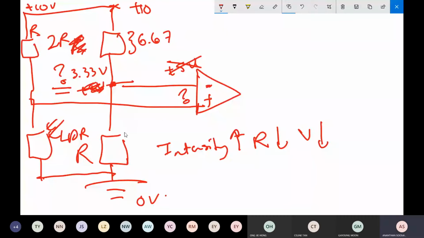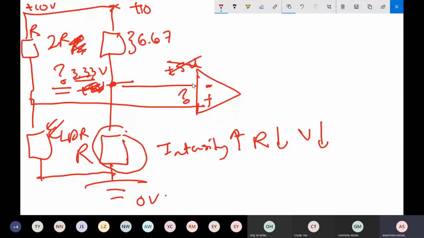See, the input voltage of the terminal is exactly the same as the voltage used by the resistance at the bottom. In the first case, 3.33 volt is the voltage used by the R below. The above is using 6.67, and the one below is using 3.33.